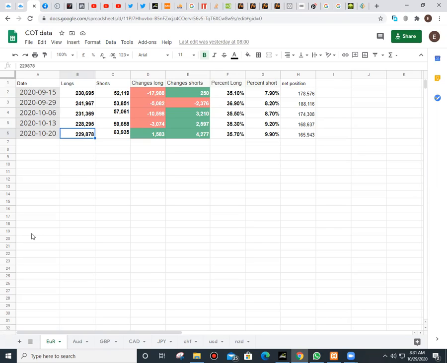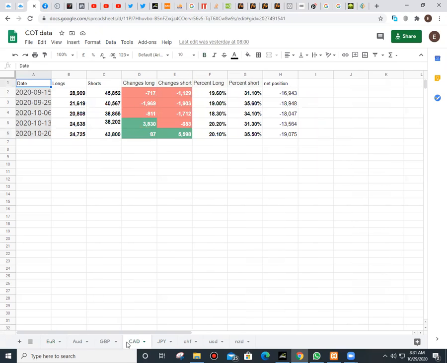What am I saying? USD pairs tend to go against the majority. Why? Because it's the most popular currency that is traded in the world.